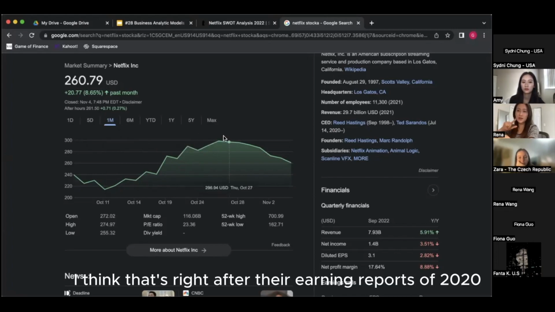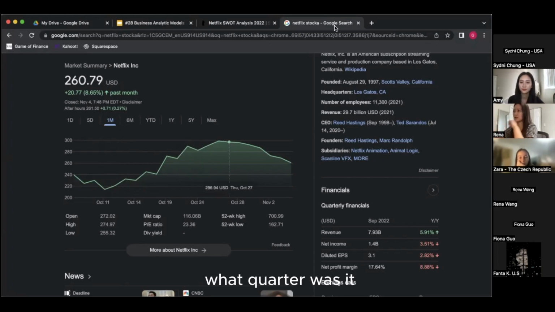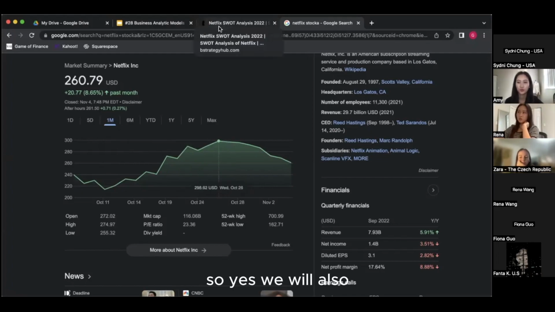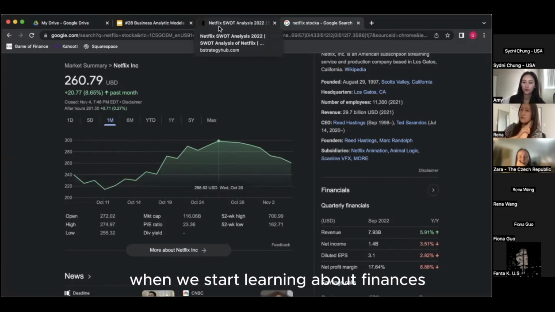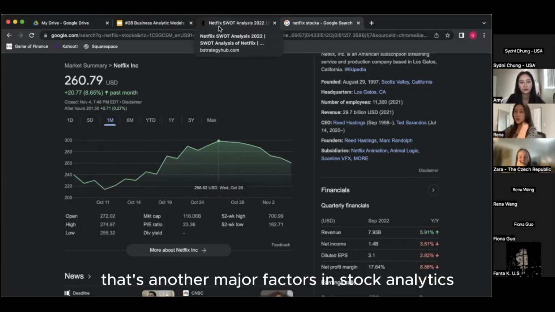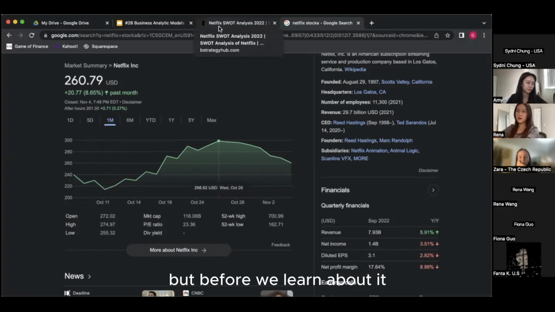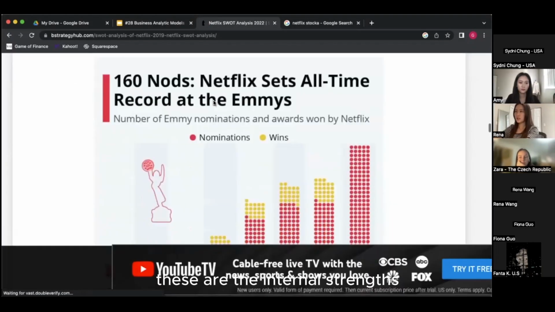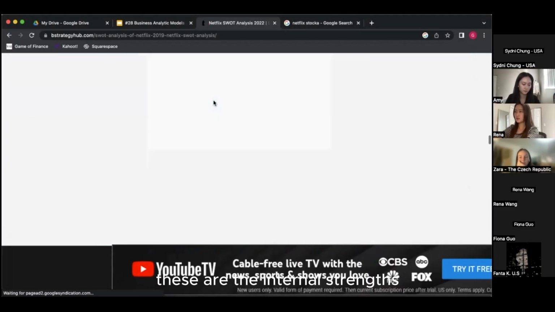I think that's right after their earnings report, the fourth quarter earnings report. So when we start learning about finances, we'll start talking about earnings reports. That's another major factor in stock analytics. But before we learn about it, there's a lot of prior knowledge. These are the internal strengths.